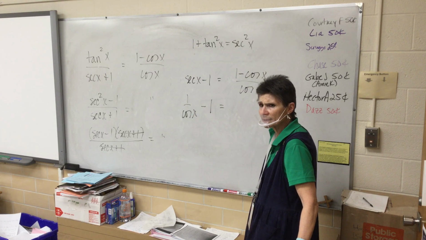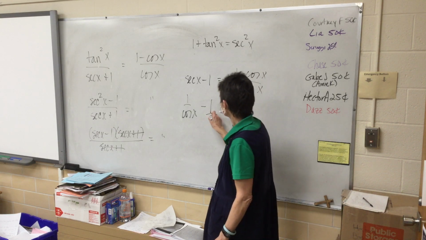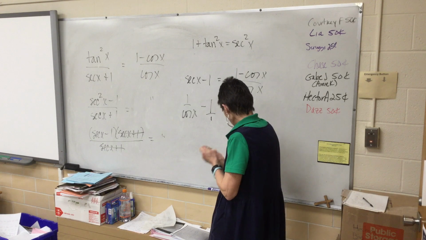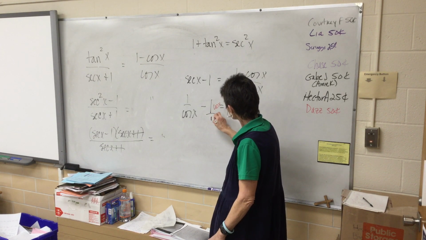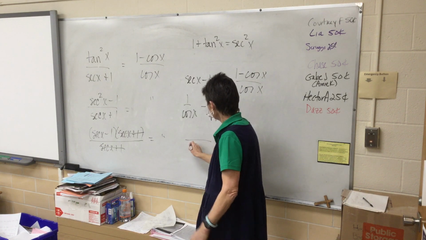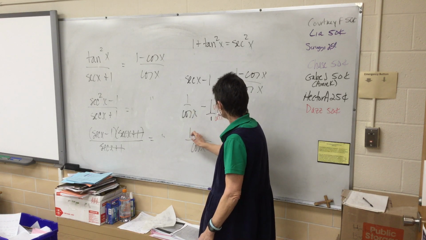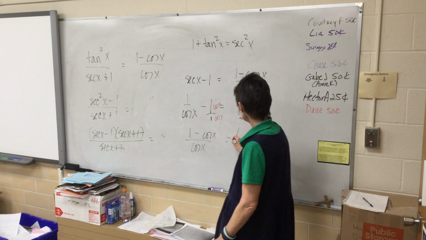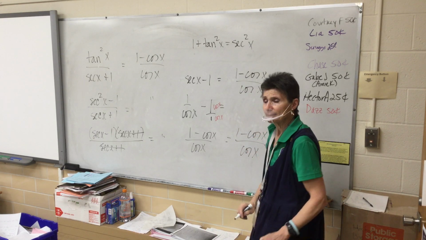So I probably need to get a common denominator. And my common denominator will just be cosine. So my denominator is cosine. And my numerator is 1 minus cosine. Yay, you did it, you did it, you did it. Aren't they getting easier?